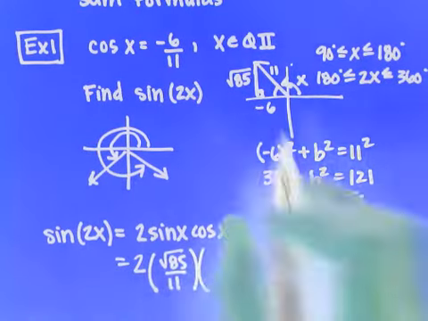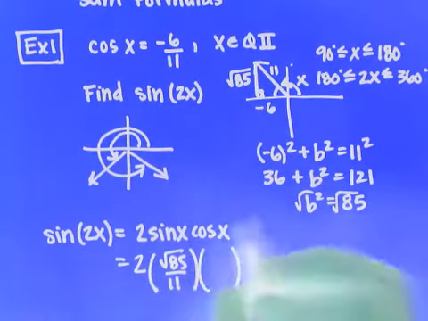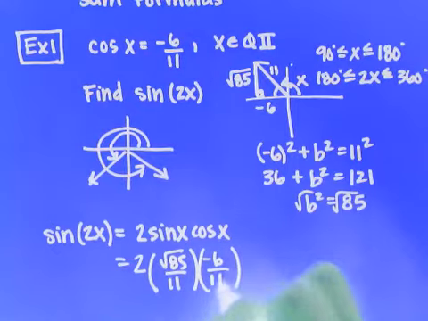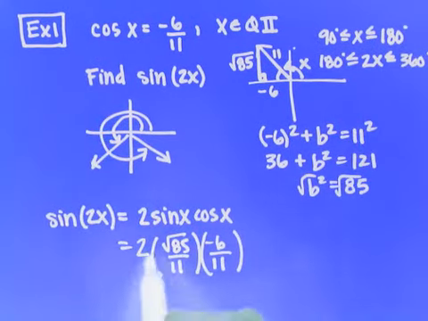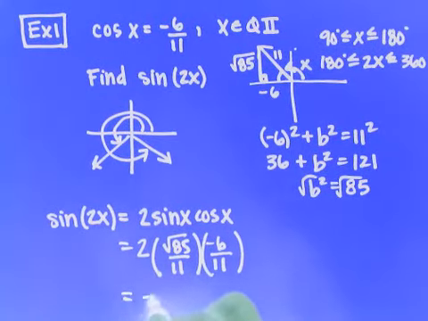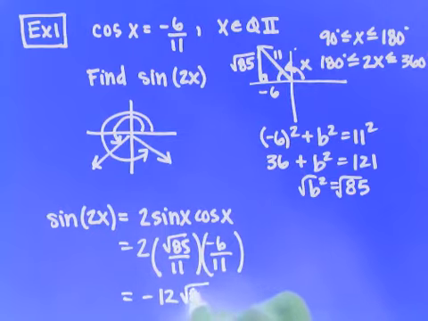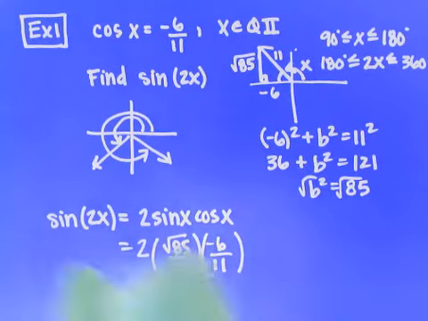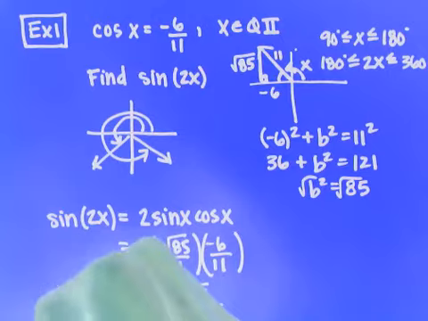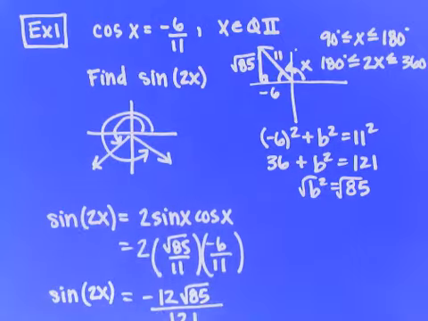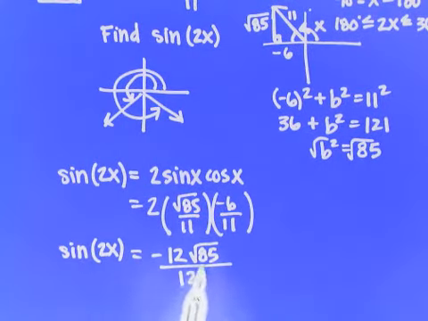And I know cosine of x is the adjacent over the hypotenuse, negative 6 over 11. When I simplify this, 2 times 6 is going to give me negative 12 times the square root of 85, and 11 times 11 gives me 121. So the sine of 2x is negative 12 times root 85 over 121.